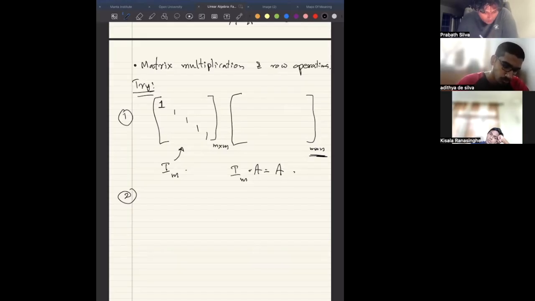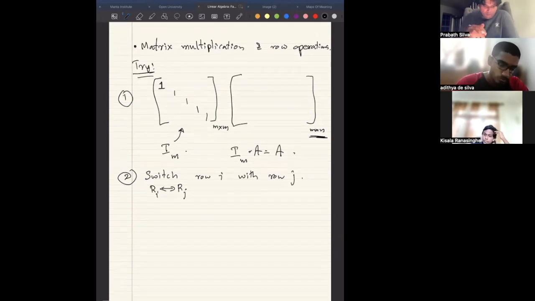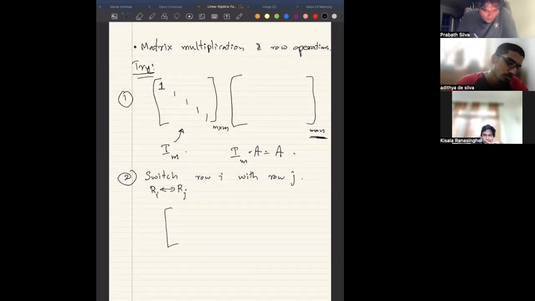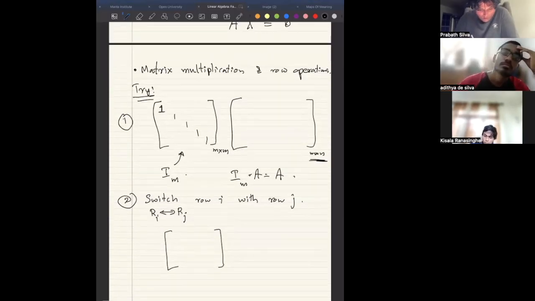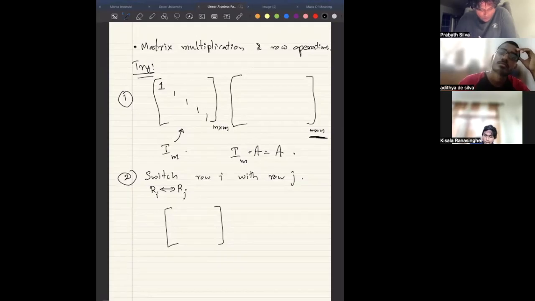The first row operation was to switch row i with row j. We wrote it like Ri gets switched with Rj. Let's say this is the ith row and this is the jth one.